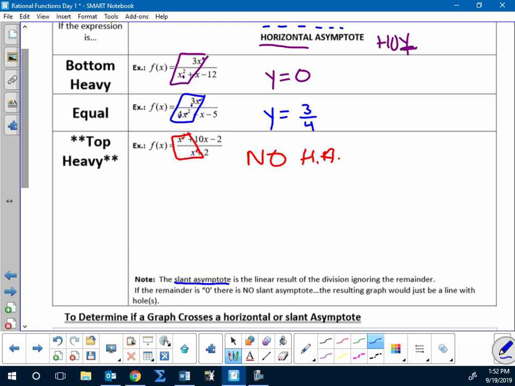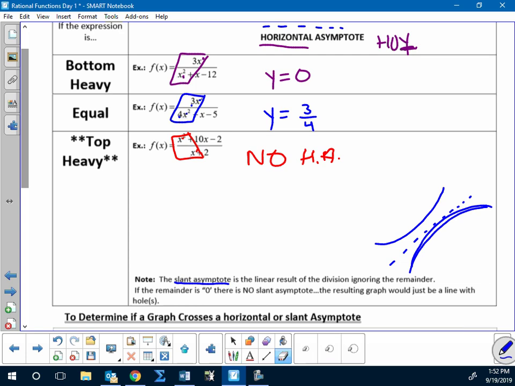A slant asymptote is a dotted line that is slanted that your graph will get really close to, and it may cross, but it shapes the behavior of our graph. So a slant asymptote graph kind of looks like this, because that graph gets really close to that dotted slanted line and then runs away.